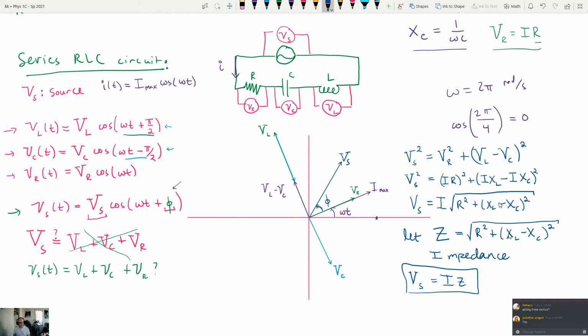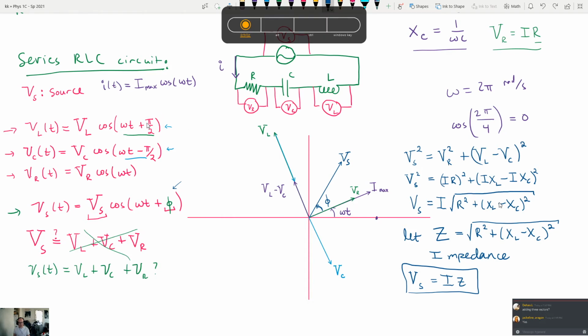We can say a few other things about our picture right here. Now that we know the voltage max of this is V max, think about how we constructed these phasors. Our VR phasor was just VR cosine omega t because it happened to line up with I max. And VL was cosine of omega t plus pi over 2 because it was pi over 2 ahead of the current phasor right here.